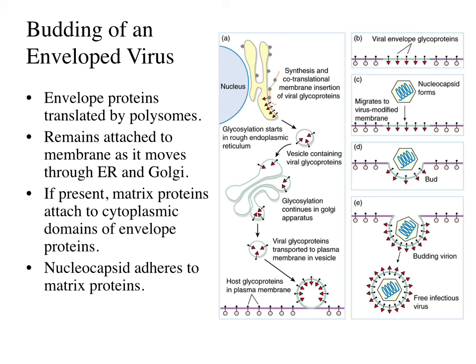The nucleocapsid, which is formed during replication, will migrate to the virus-modified membrane, and you have interaction between the capsid proteins and the internal domain of these transmembrane virally encoded proteins. And what will happen is that more and more of these transmembrane proteins interact with the capsid, and it pulls the membrane around it and eventually you have full budding of the virus and free infectious virus.